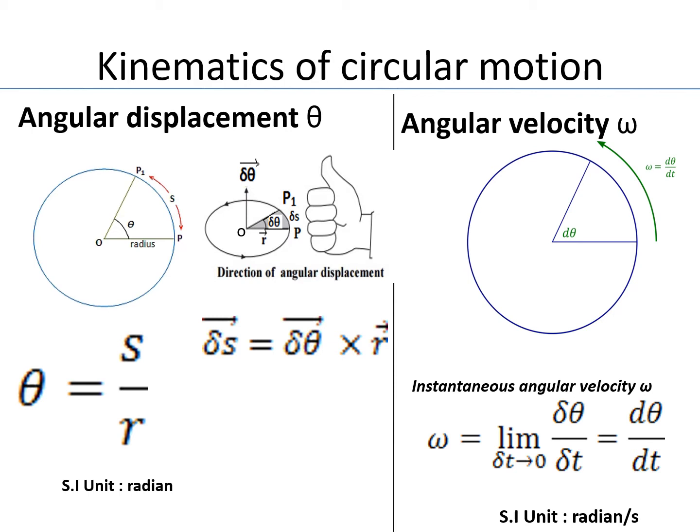and the direction of the infinitesimal angular displacement is given by the right hand thumb rule, which states that if you imagine the axis of rotation to be held in right hand with the fingers curled around it and thumb outstretched, if the fingers give the direction of motion of a particle performing circular motion, then the direction of your outstretched thumb gives the direction of angular displacement vector.